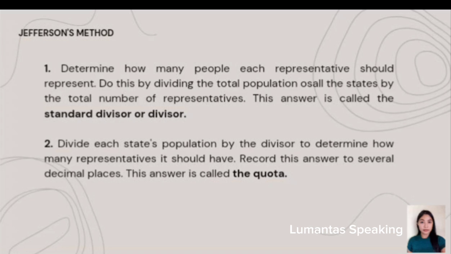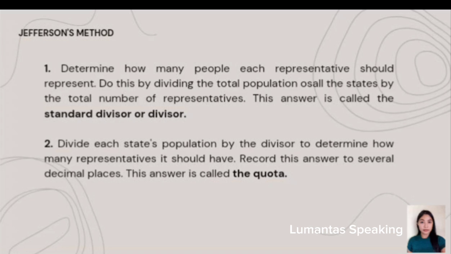This means that in the first step of Jefferson's method, we aim to determine how many constituents each representative should ideally serve in order to ensure equitable representation across different states. To do this, we calculate what is known as the standard divisor.